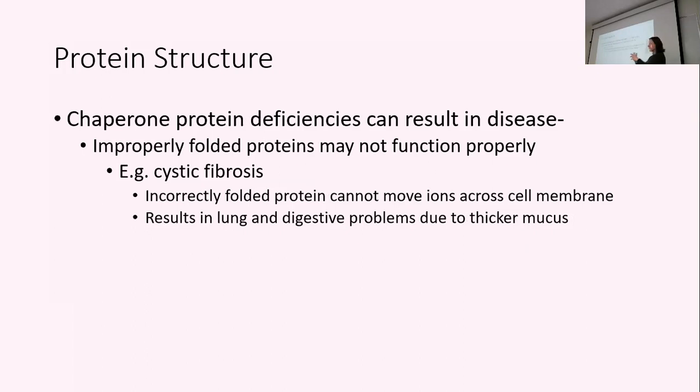But if this protein's not functioning properly, all your mucosal linings, the mucus gets too thick. And so you end up with respiratory and digestive and all kinds of issues because your body is not lined properly, basically at that point. But it's all because you're lacking these chaperone proteins that are supposed to be keeping things folded up the way they're supposed to, right?